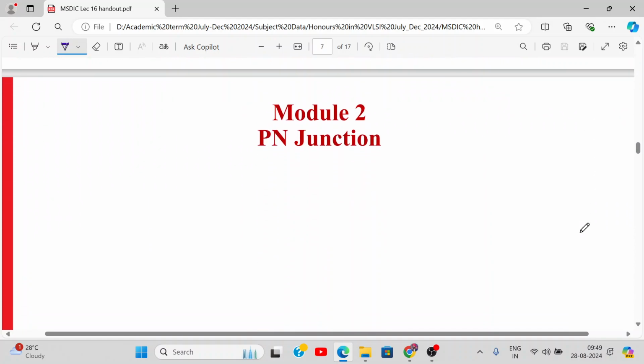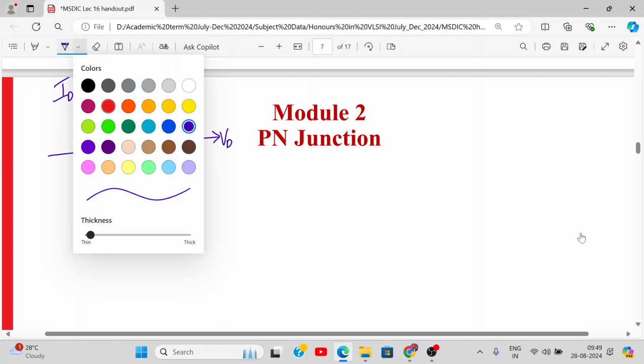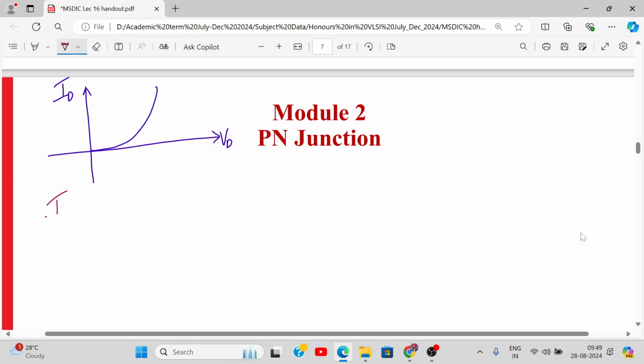So, we have studied these characteristics, right? What are these characteristics? Diode characteristics, no? And what was the equation of the diode characteristics? ID was IS times exponential of VD upon VT, right?